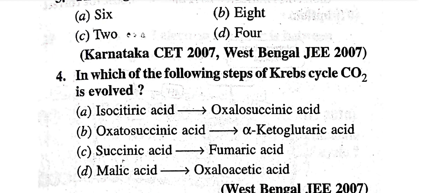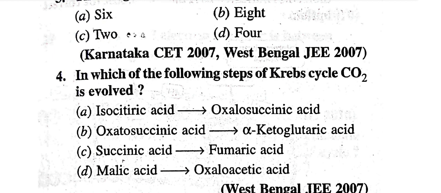Then isocitric acid, again a 6-carbon compound. Then oxalosuccinic acid is formed, another 6-carbon compound. So the first step is wrong. Isocitric acid forms oxalosuccinic acid. In this step, no carbon dioxide is evolved because both have the same number of carbons.